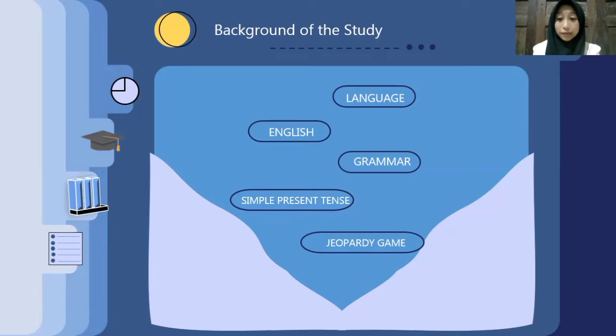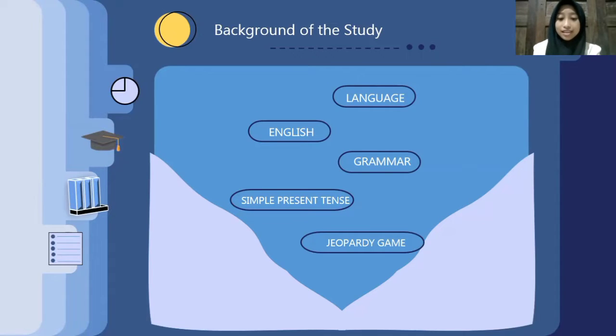In English grammar, the students are faced with many rules of a language, and one of them is tenses. There are many tenses used in English. One of the tenses to be learned by grade students of junior high school is simple present tense. In teaching simple present tense, students can get bored and they don't capture the material from the teacher if the teacher uses the speech method.